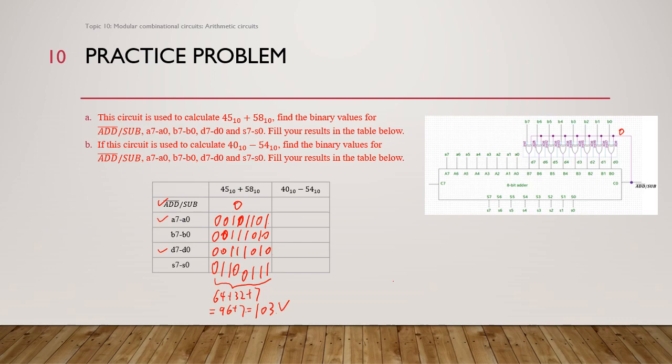Now the second operation, we're doing subtraction. For subtraction, after we press the minus sign, the add bar sub will be set to 1. So we're doing subtraction. And this time A7 to A0 should be the binary representation of positive 40. 40 can be written as 32 plus 8.